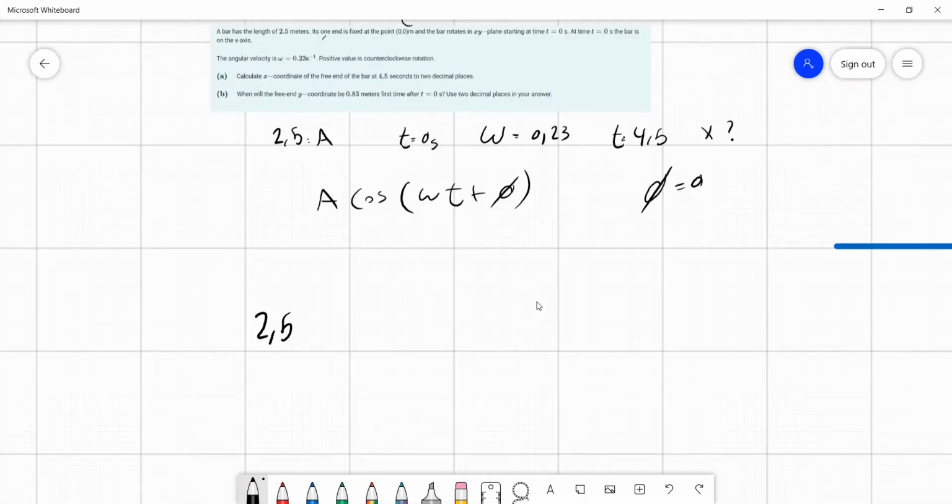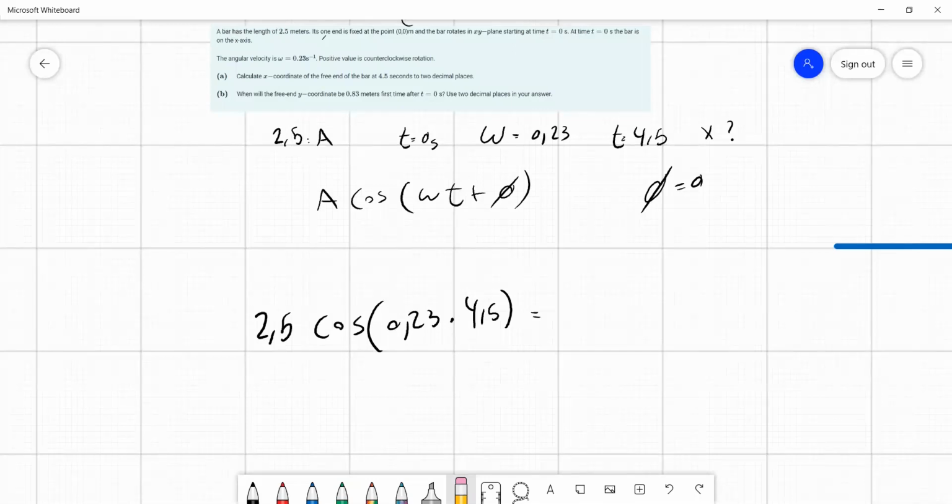So amplitude 2.5, cosine of omega, 0.23, times 4.5. And right over here, we want to know, hey, what is the value of x at this time? So time is the variable that can change. These two are constants. Okay, I'm putting this into a calculator.